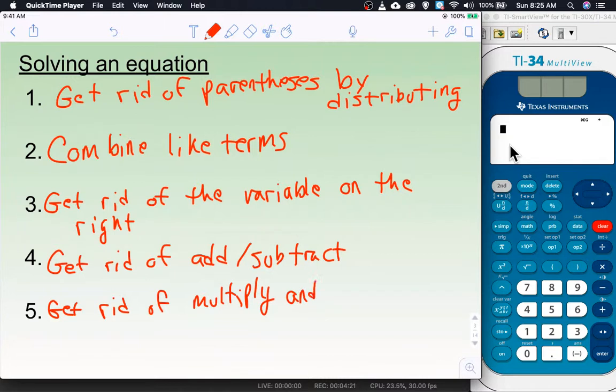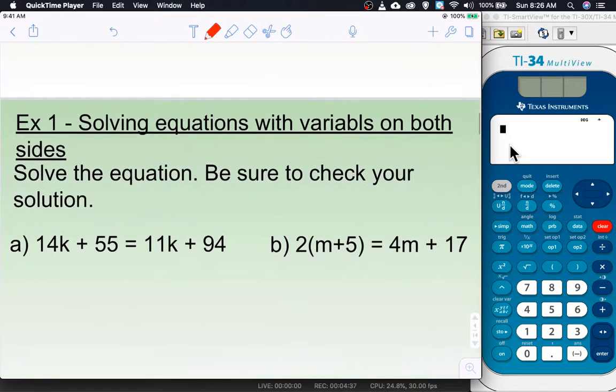Multiply and divide. So now we have all 5 steps of solving an equation. So let's see how this is used in practice.